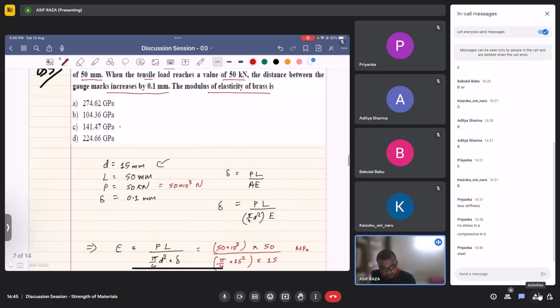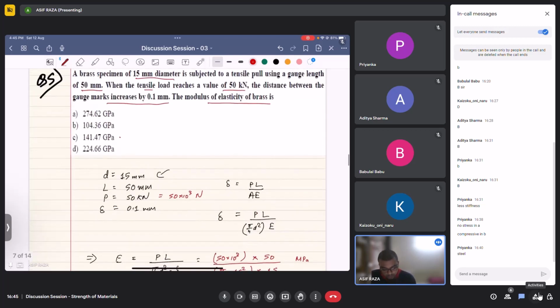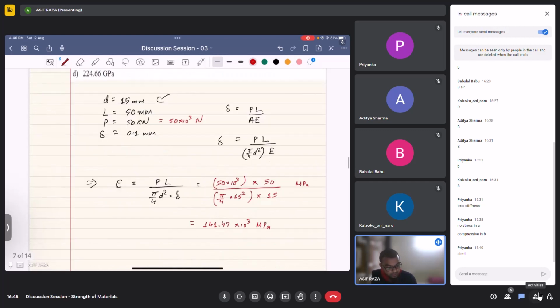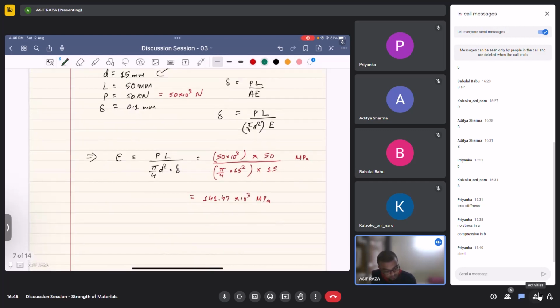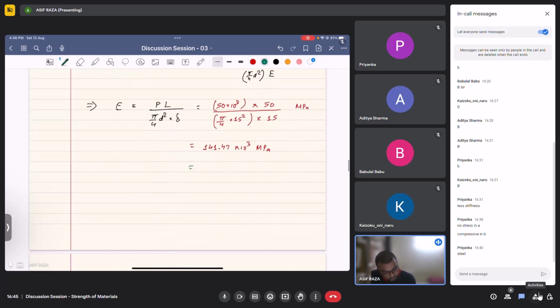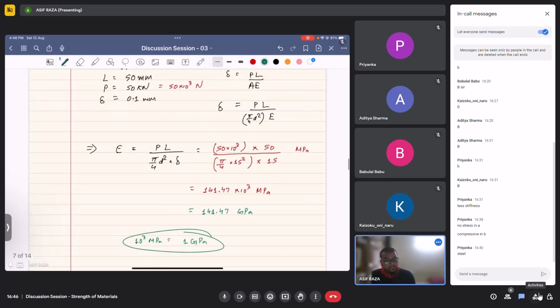And if you see in the question, the units are in GPa, so we'll convert this. This would be equal to 141.47 GPa, as 10 to the power 3 MPa is equal to 1 GPa, gigapascal.